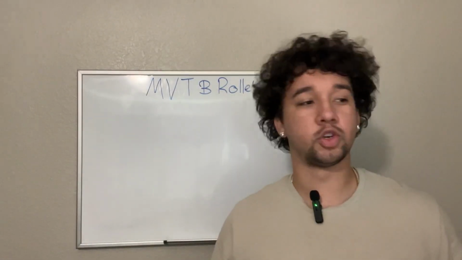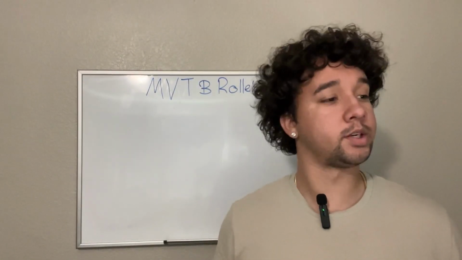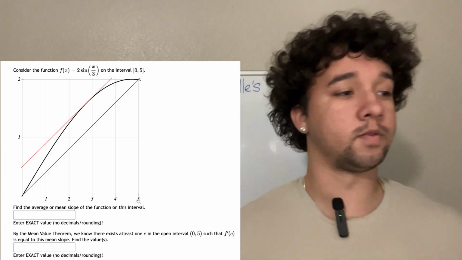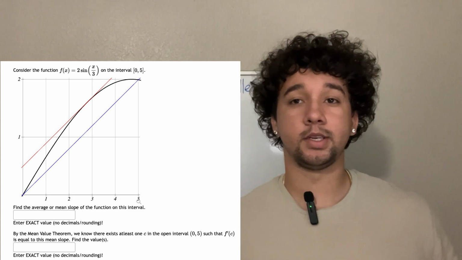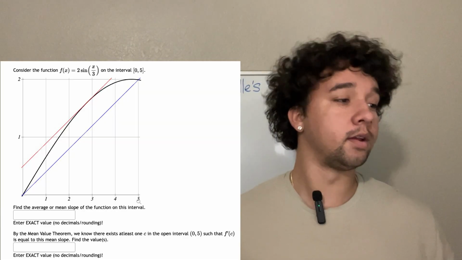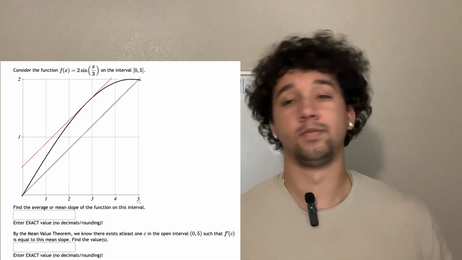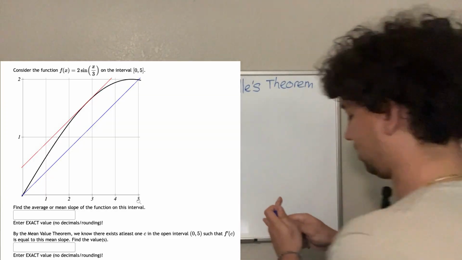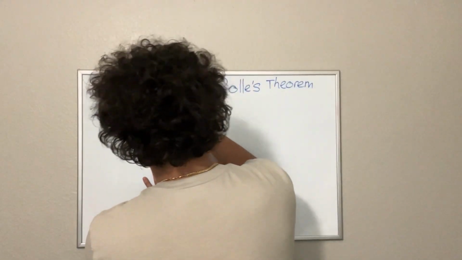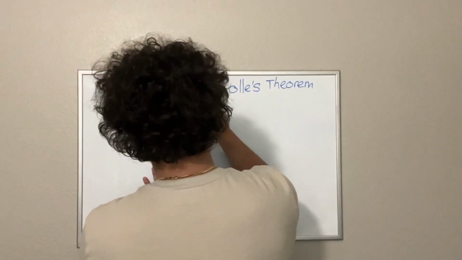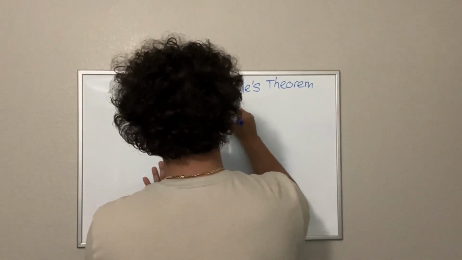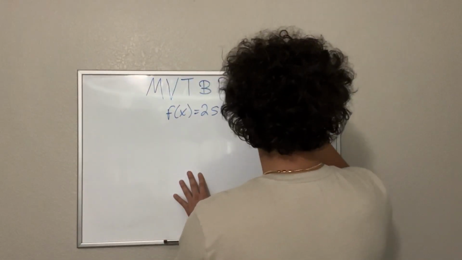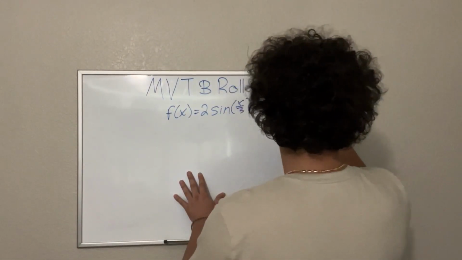All right, last one is another trig calculus type of question. Consider the function f of x equals 2 sine of x over 3 on the interval of 0 to 5. Same idea, I'm finding the average rate of change and then finding the mean value theorem. Typical stuff. All right, so f of x is equal to 2 sine of x over 3, and we're looking at the interval from 0 to 5.